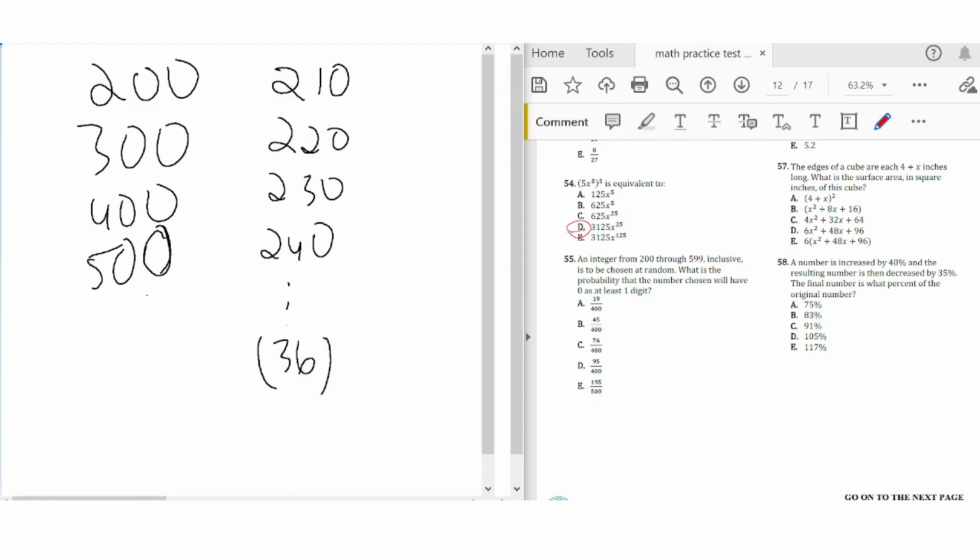We're going to have 4 of these. Similarly, we're going to have 36 numbers where we have 0 in the tens digit. Adding these together, we get 36 plus 36 plus 4, which is 76. And we have 400 numbers here, and we're going to have 76 divided by 400 as our answer.